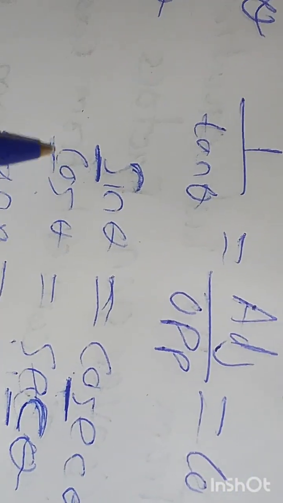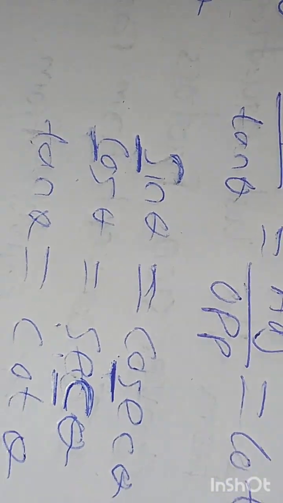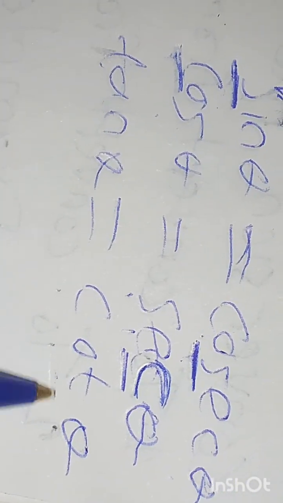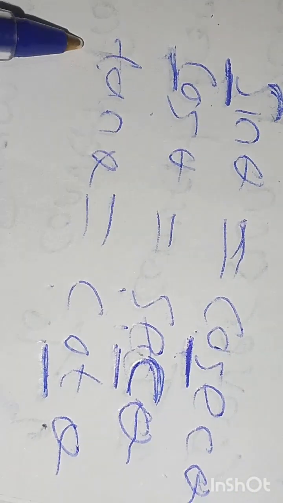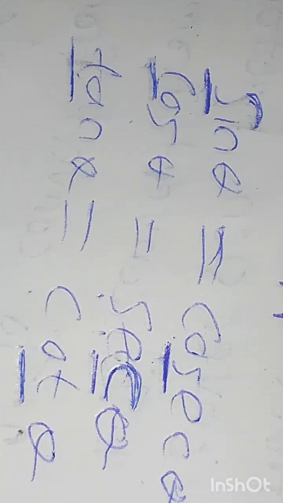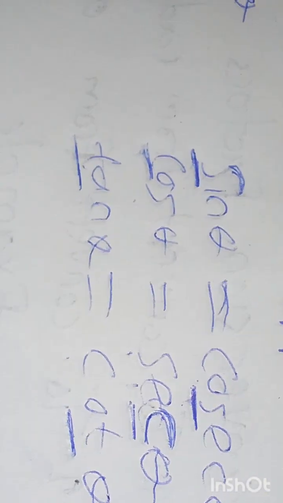It's cos theta. So cos and sec are inverses of each other. You go to cot theta. Again, you count 1, 2, 3. The third letter is T, and the first one is T as well. So tan and cot are also inverses of each other. For you to fully understand these six trigonometric functions, let's do some examples.